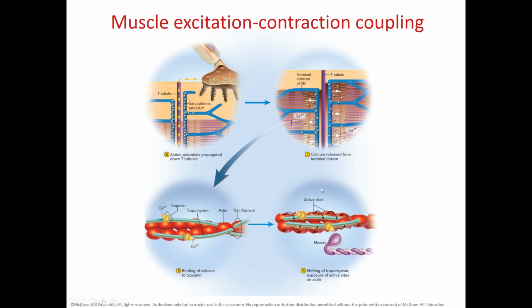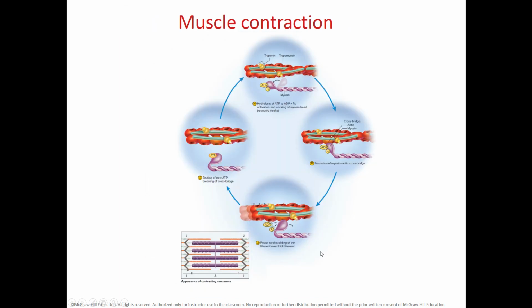And then in the next step, calcium is going to be released by the terminal cisternae, and calcium is going to bind to troponin, these little structures in yellow, and this troponin is going to help move tropomyosin away from actin, in red color, and then the myosin head can now bind to the active sites of actin. So you can see how tropomyosin has moved away from the actin binding sites.